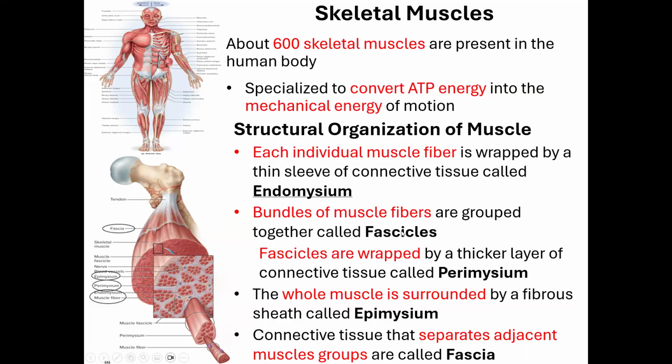And then there are bundles of muscle fibers together, and it forms a fascicle. Okay, and this fascicle is again wrapped by a membrane, and that membrane is called the perimysium. And then there are multiple fascicles.